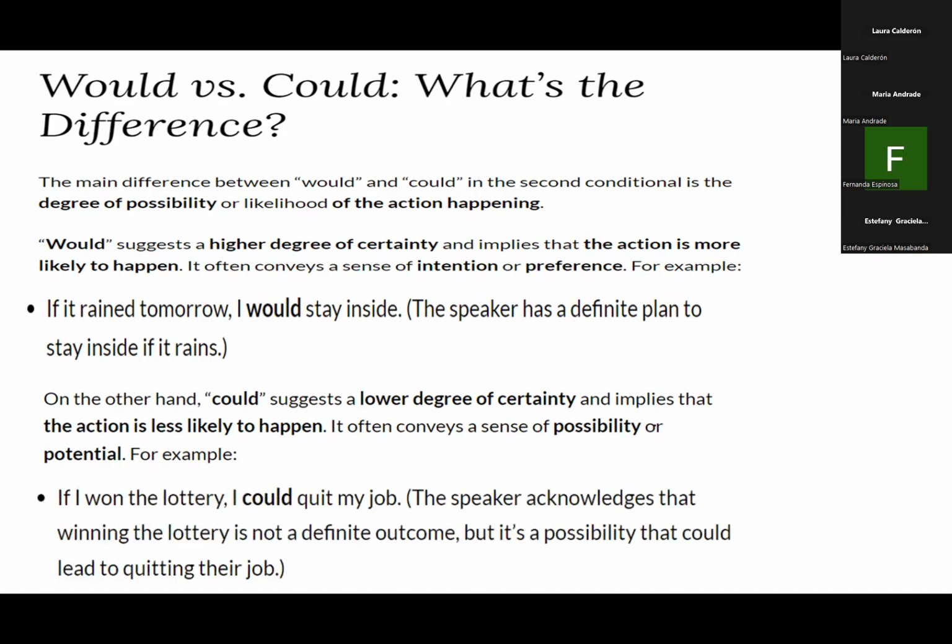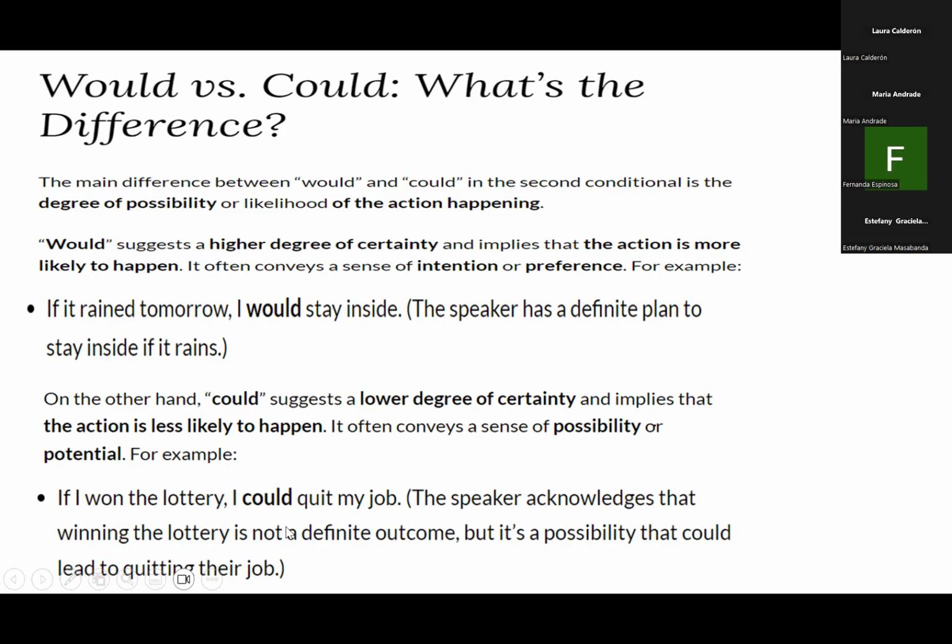if I won the lottery, I could quit my job. The speaker acknowledges that winning the lottery is not a definite outcome, because it may happen, it might not happen, it is a possibility. But it is a possibility that could lead to quitting their job.